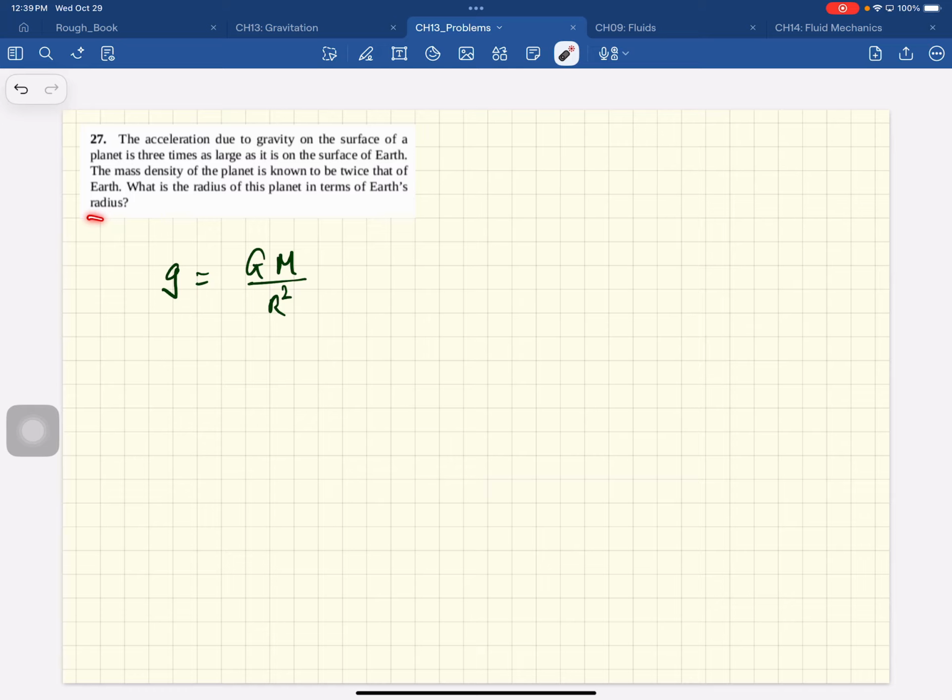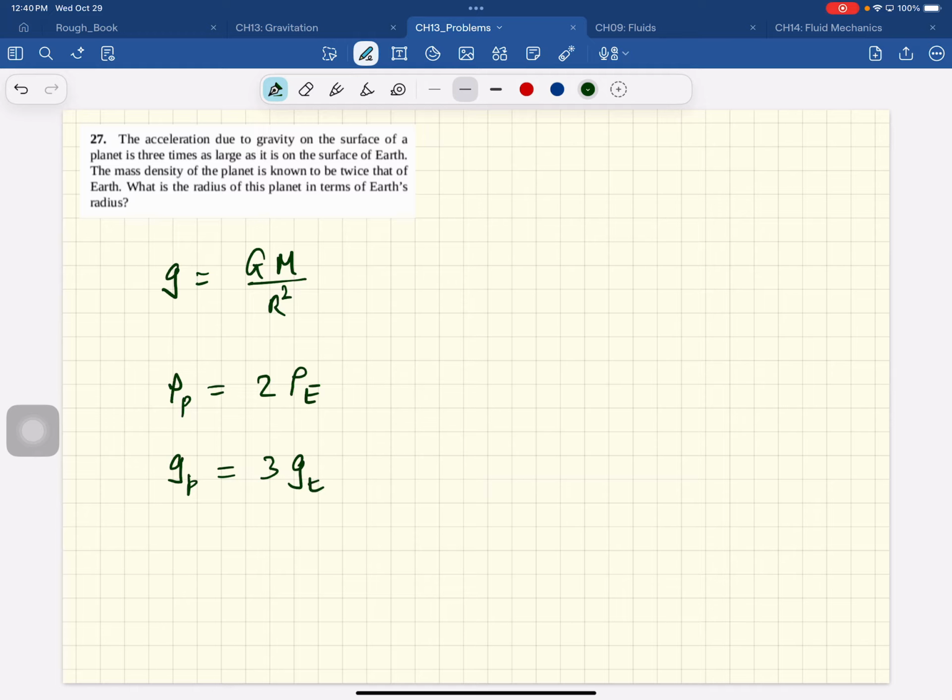So the density on the planet is twice the density on Earth. The mass density is twice that on Earth. The acceleration due to gravity on the surface is 3 times, so g on the planet is 3 times g on Earth.